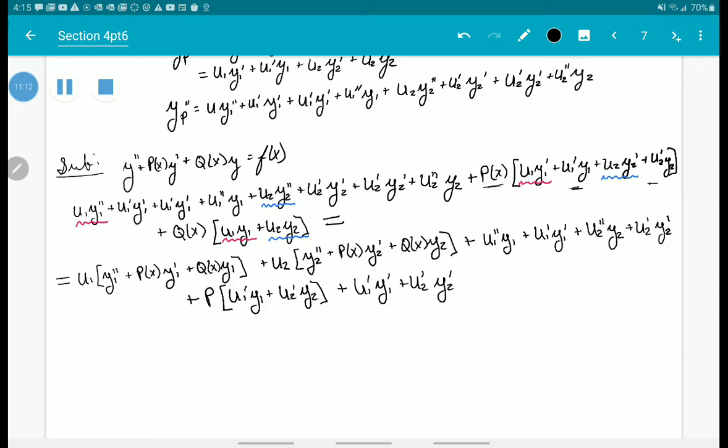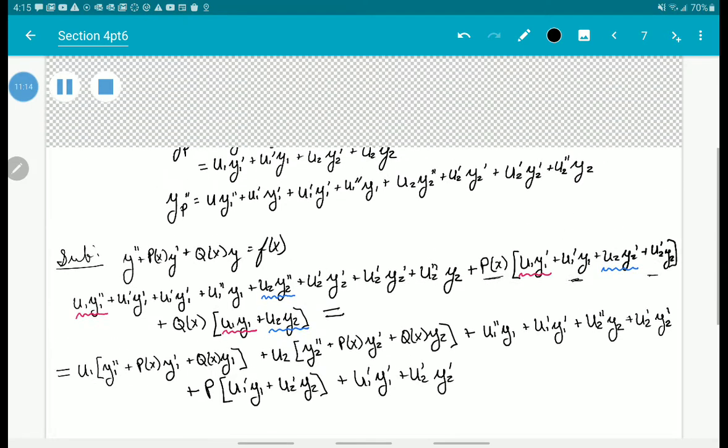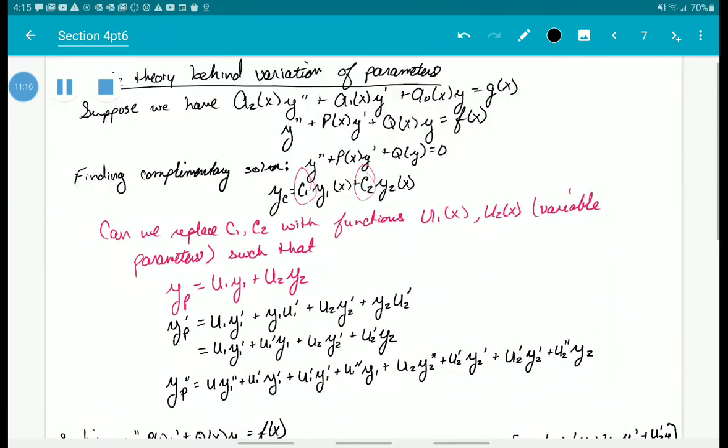Now, thinking about that complementary solution, I'm going to scroll back up a minute. When we found that complementary solution, we have a y1 and y2. And what we're saying is that that satisfies the complementary homogeneous differential equation.